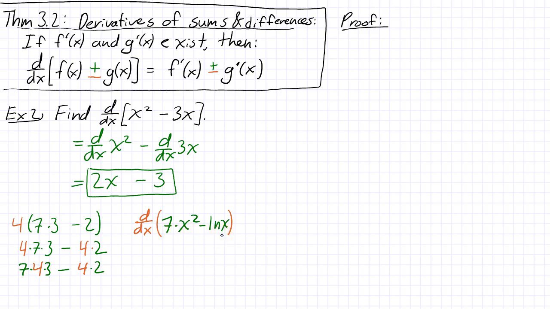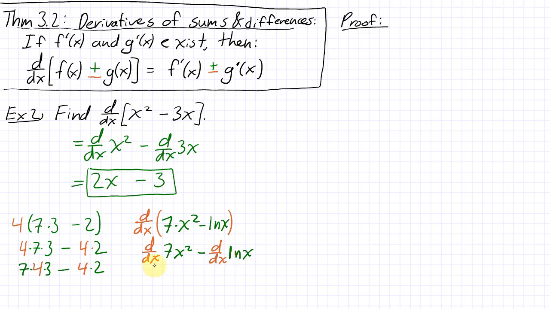So we just have some function here with multiplication by a constant and subtraction between them. You could do the same thing here. You could do the derivative of 1 minus the derivative of the other one, is what this is saying.